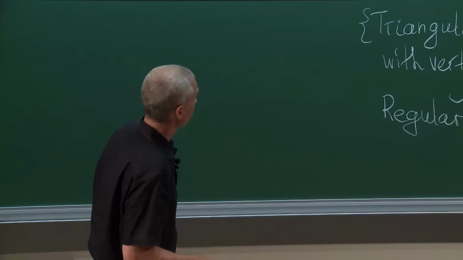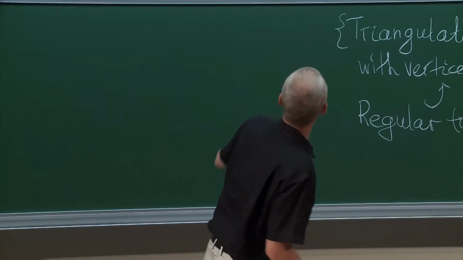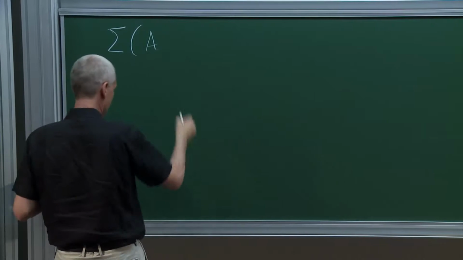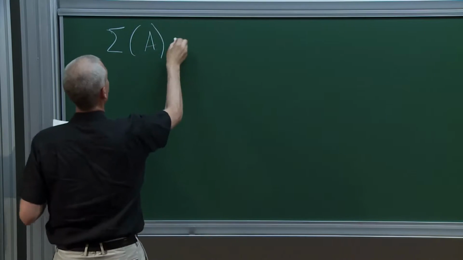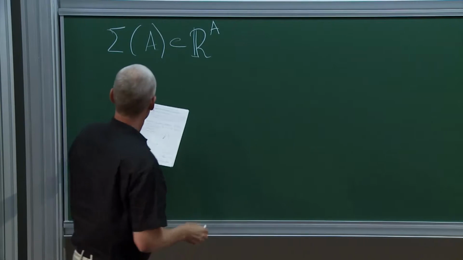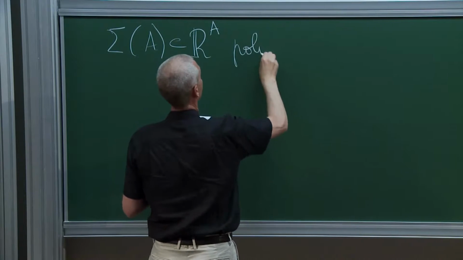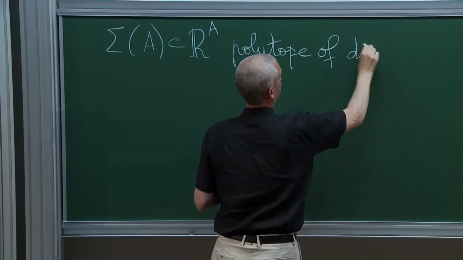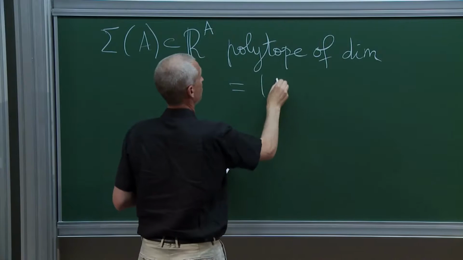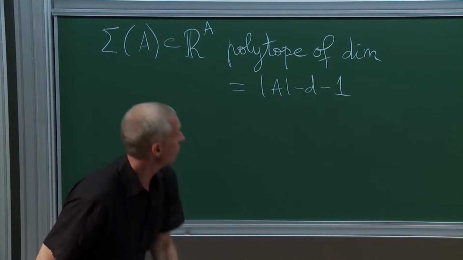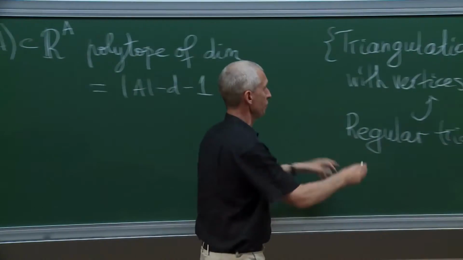So the secondary polytope, sigma of A, is a polytope lying in the space of functions on A, which means R to the A. It's again a convex polytope, of dimension cardinality of A minus d minus 1, whose vertices are in bijection with regular triangulations.